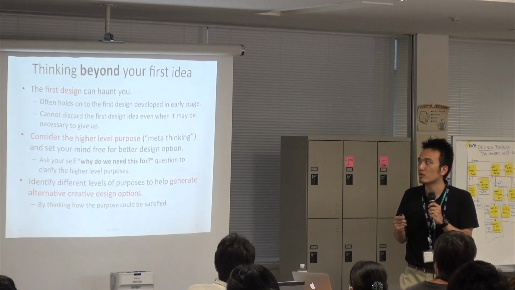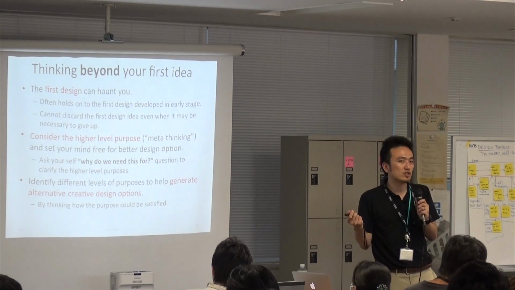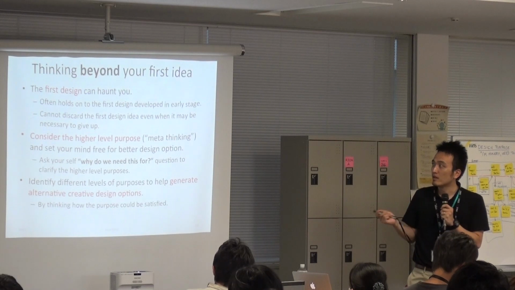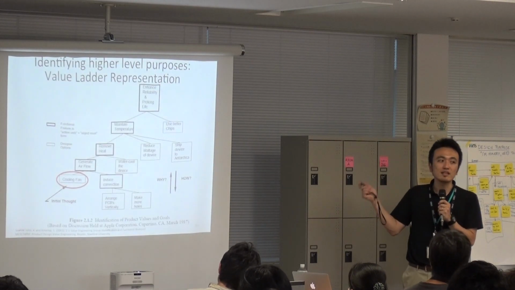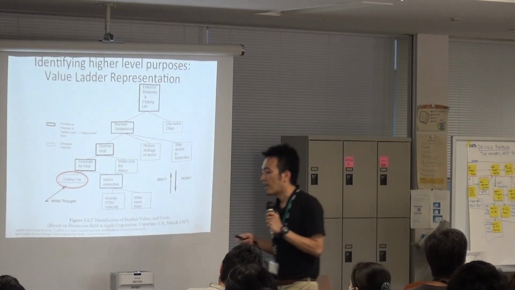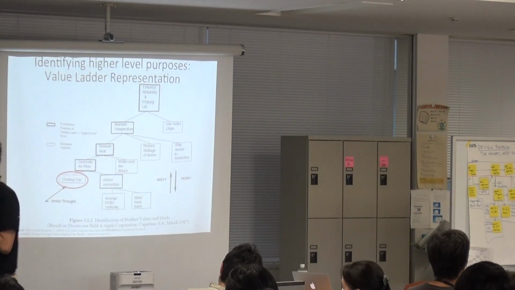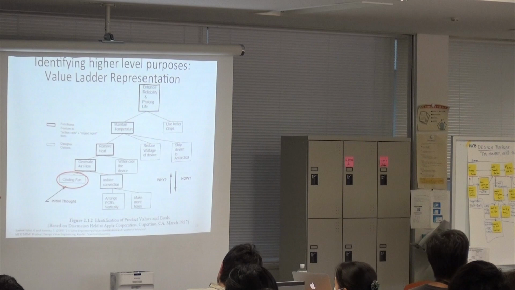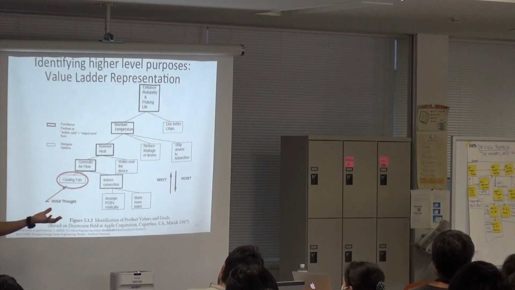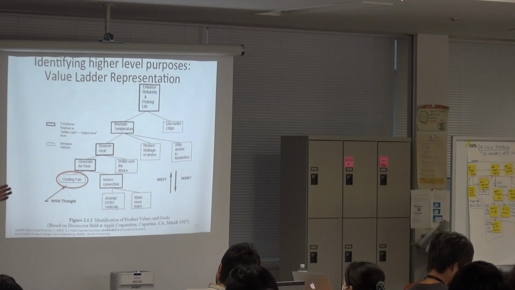I'll show you how Professor Ishii came up with this value graph idea. It's quite interesting. This is from his book, and it is the result of a conversation with an engineer from Apple. So imagine Professor Ishii and the lady from Apple talking.